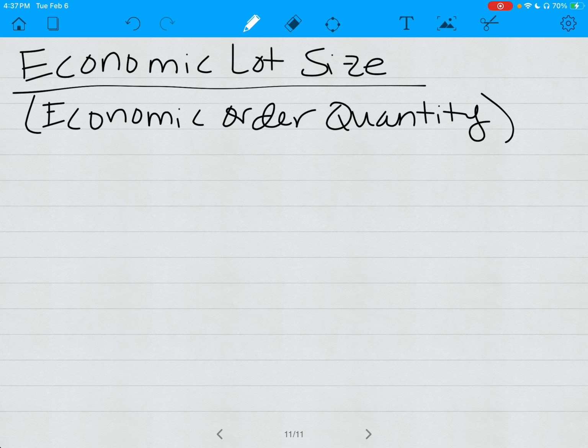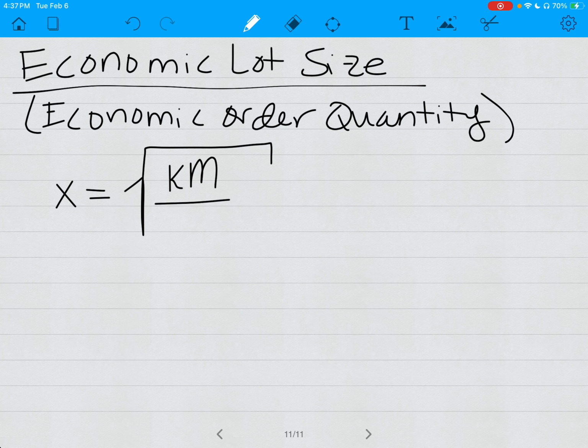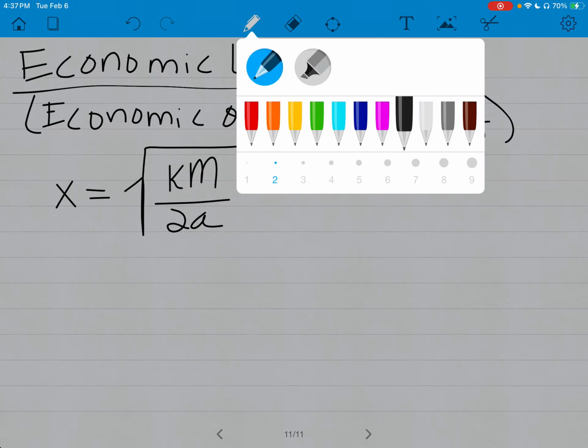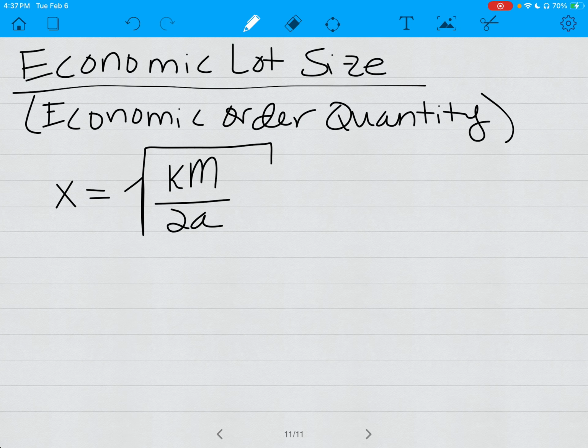So the formula itself says x equals square root of km over 2a. And so we might then well wonder, what are these quantities? So x here represents the number of batches to be manufactured annually.